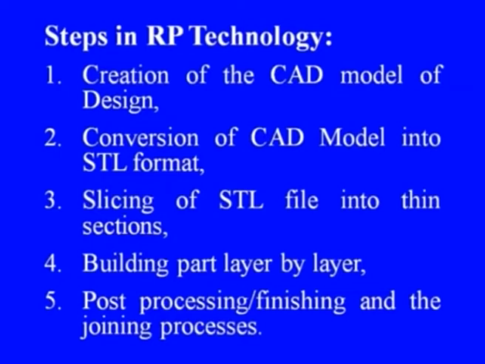Then followed by this, in the second step, this CAD model is converted into STL format, that is again the digital phase only. Then this model is sliced into thin sections.